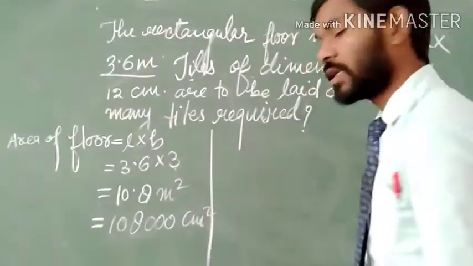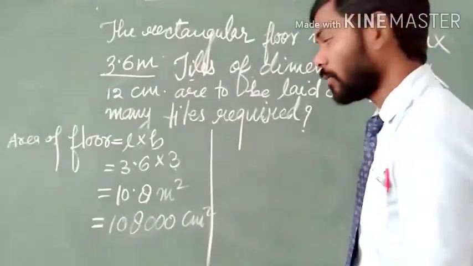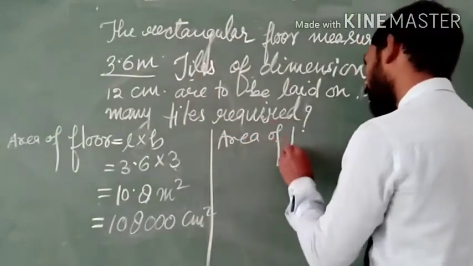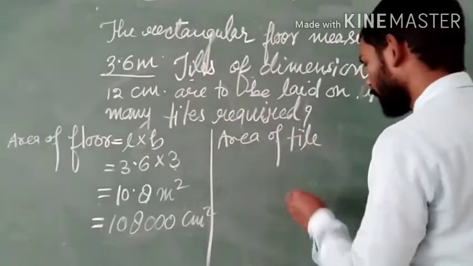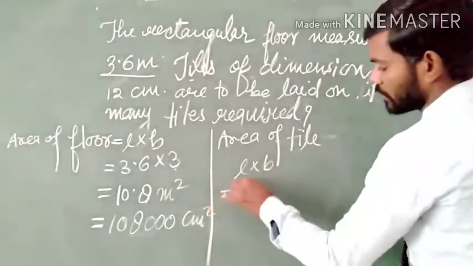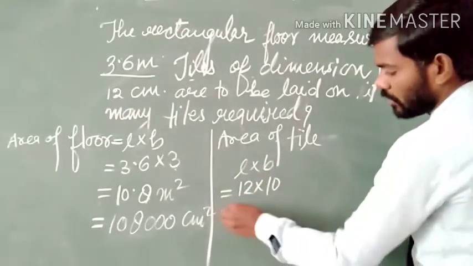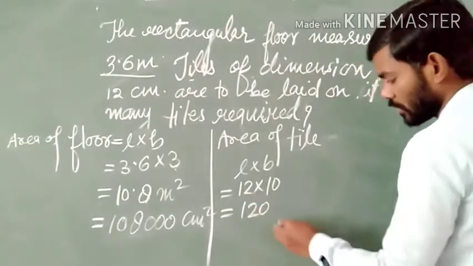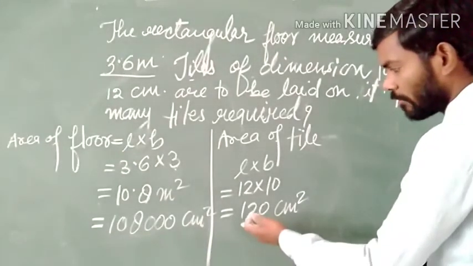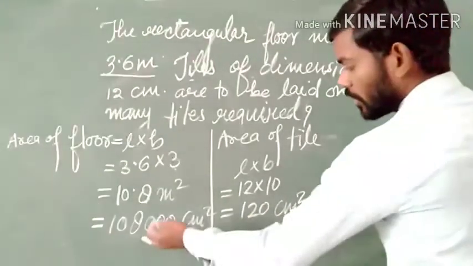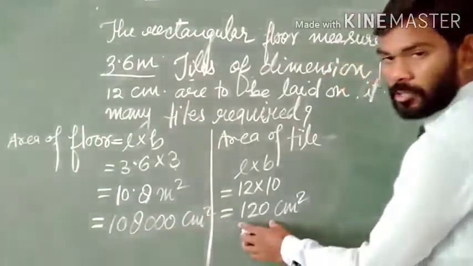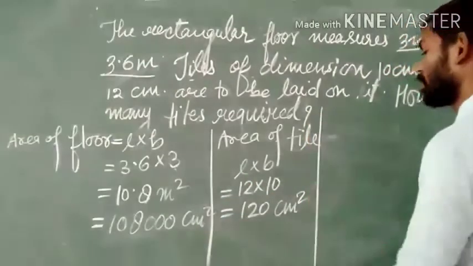Now we shall find the area of the tile. Area of tile will be L into B, that is 12 into 10, equal to 120 centimeter square. Now we have found the area of the tile and the area of the floor. We divide the area of the floor by the area of the tile, and we get the number of tiles.